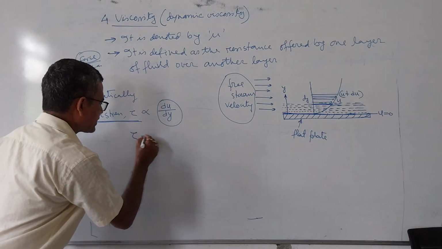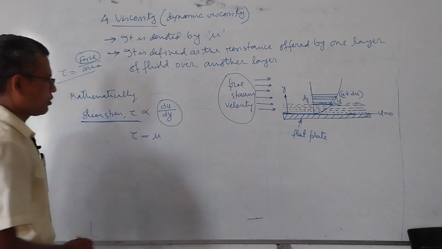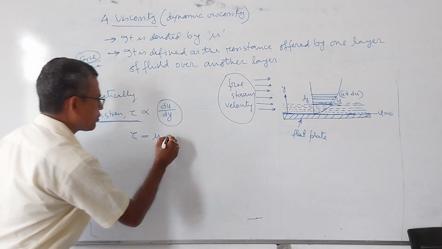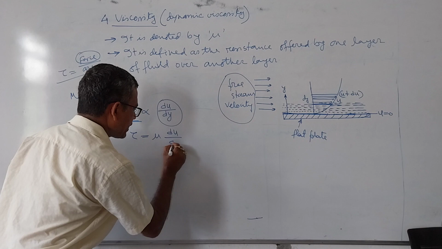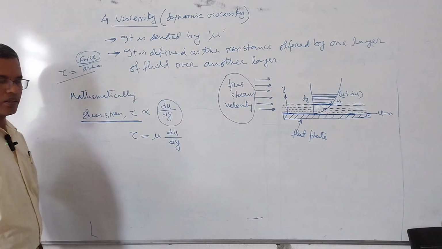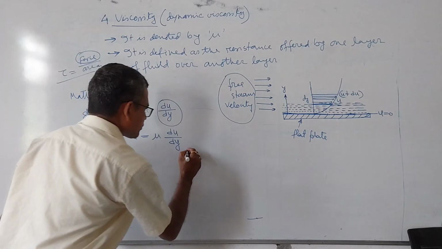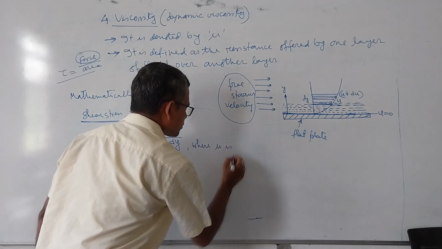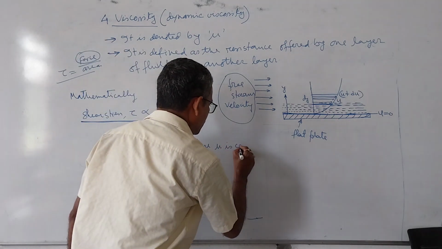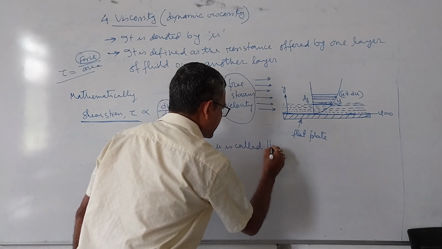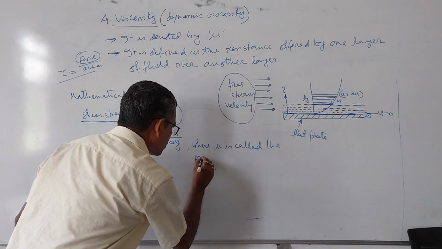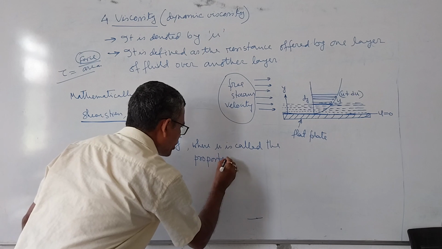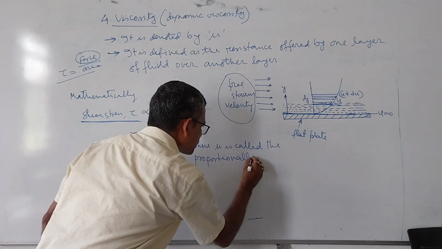Therefore, shear stress tau is equal to mu into du by dy, where mu is called the proportionality constant.